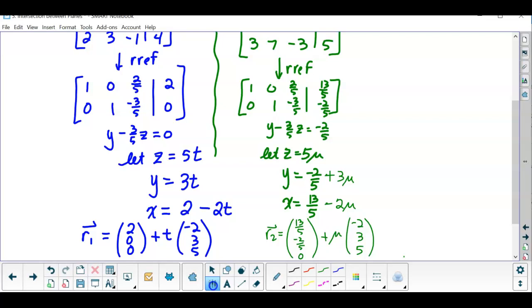Okay, so notice how I get the same direction vector. My point has fractions, that's okay, but my direction vector doesn't, and it is the same.